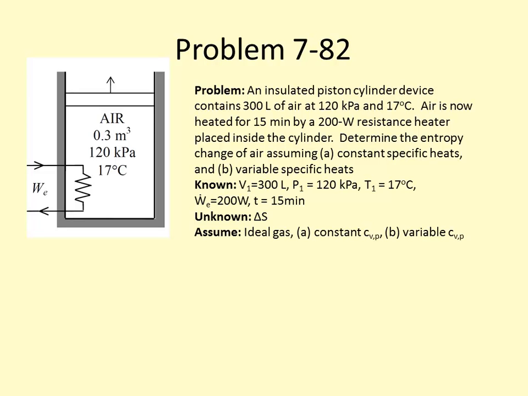So H2 is equal to H1 plus this electrical work in divided by the mass. H1 we look up in the tables. For an ideal gas, it's a function of temperature only. The H1 value is 290.16 kilojoules per kilogram.